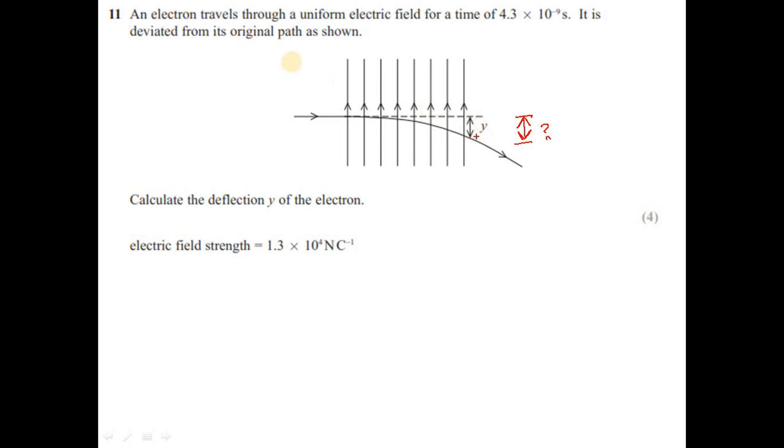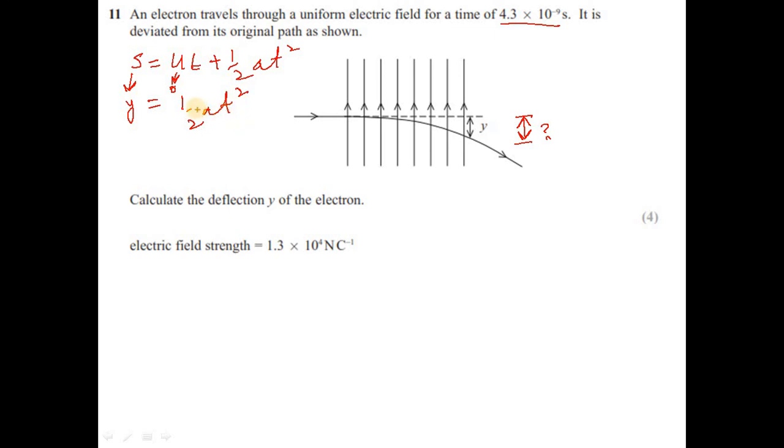We are going to use s = ut + ½at², because time is given. s is the vertical distance, so I can replace s with y, and u, before entering the field, is 0 since there is no vertical velocity. That means I have ½at².